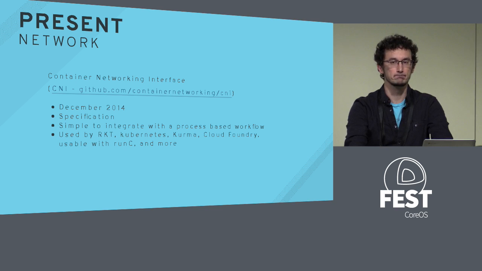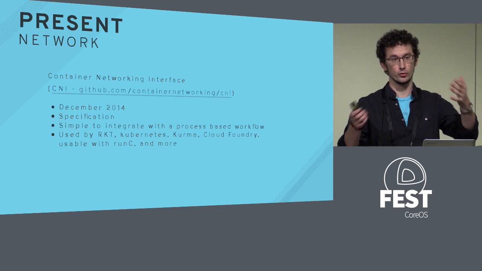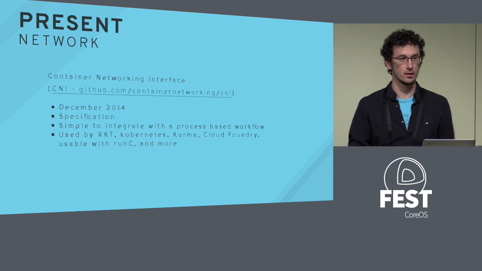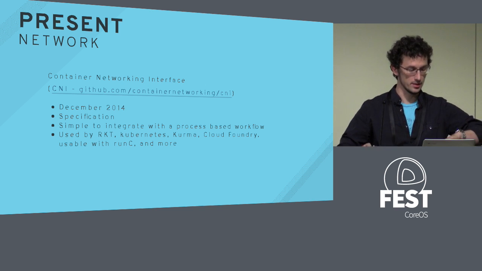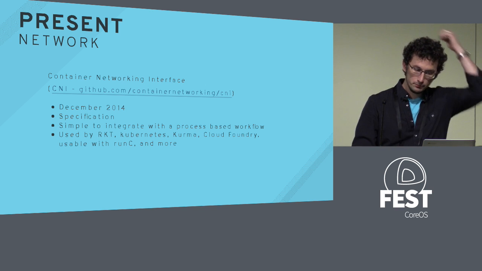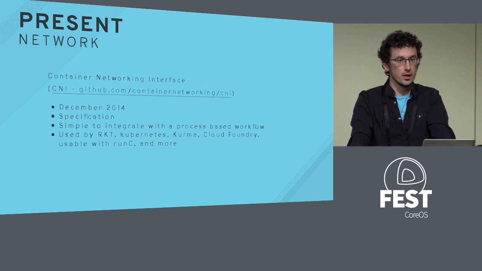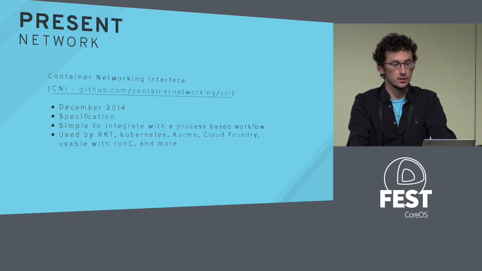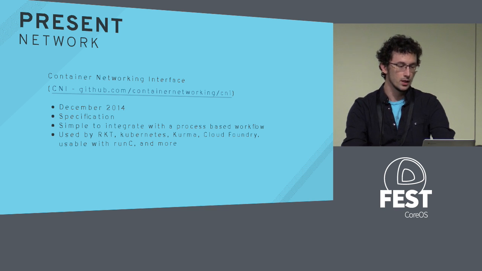Not necessarily requiring an outside daemon for you to run it, but you could do that if you need a daemon to manage that state, but it is independent of the framework that will be using your plugin. So in that way, it has a lot of simplicity. This spec is implemented by Rocket, now Kubernetes, Kurma, Cloud Foundry, and it's generic enough that it can be used with runc, the Open Containers runc command line, as well as many, many more tools.